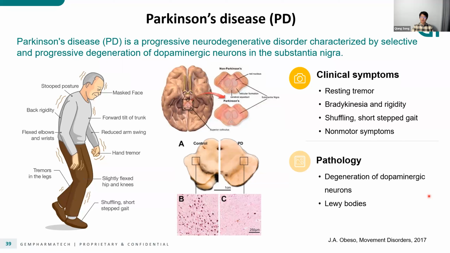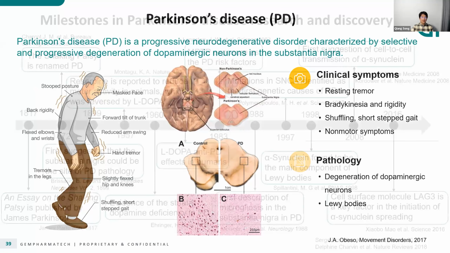The pathological features of Parkinson's disease are the degeneration of the dopaminergic neurons and the accumulation of alpha-synuclein protein in the living body.